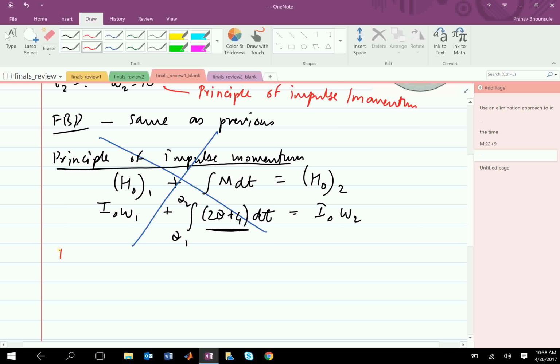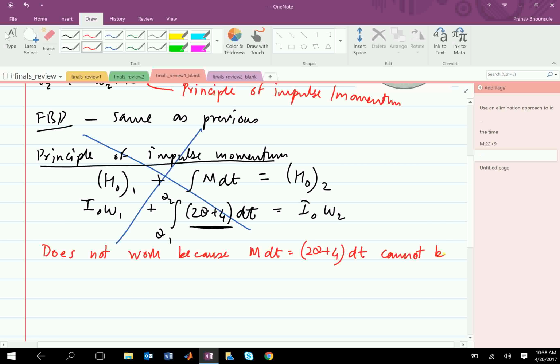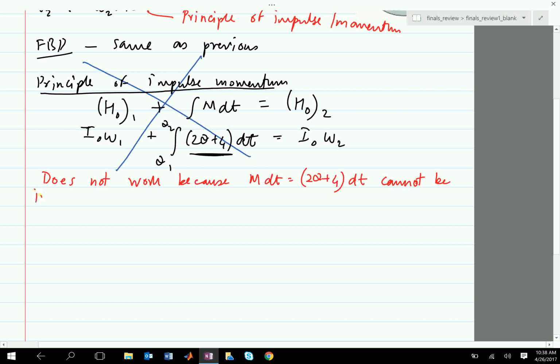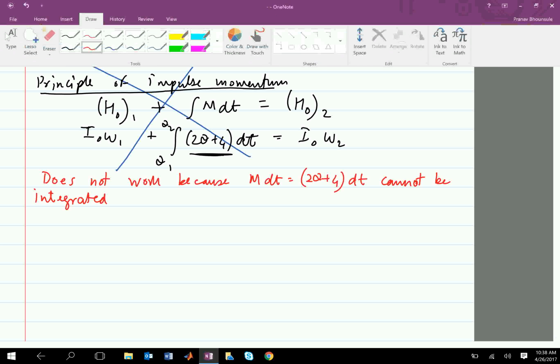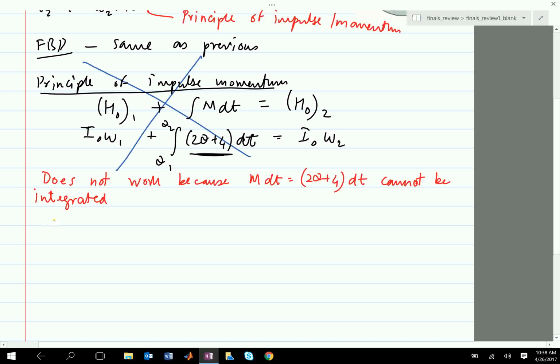So this does not work because the integral of (2 theta plus 4) dt cannot be integrated. Okay, so let's resort to equations of motion.